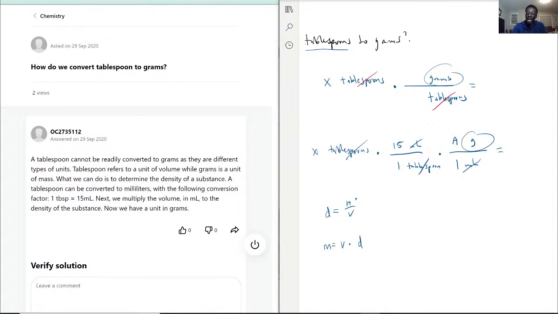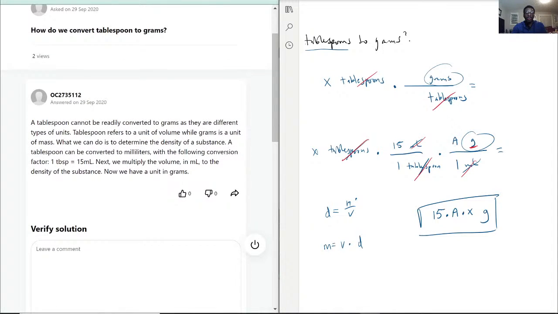So in total, we'd have in this theoretical answer 15 times A times X grams would be how to get to your grams from tablespoons. As you've seen here, we've canceled out every appropriate unit and ended up with just grams. So that being said, this is correct.